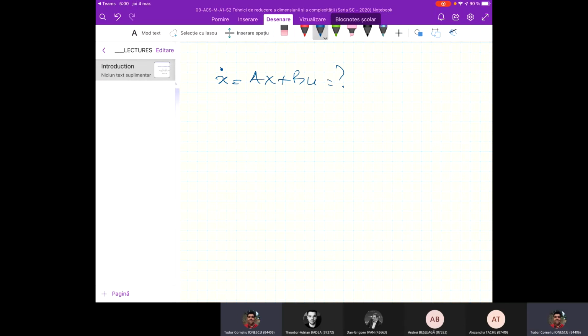Are you people familiar with this? Are you familiar with solving a differential equation of first order?